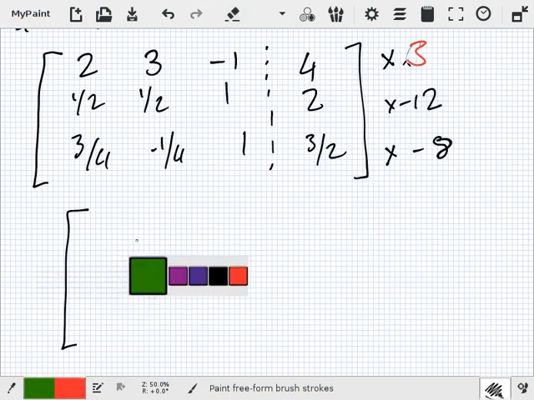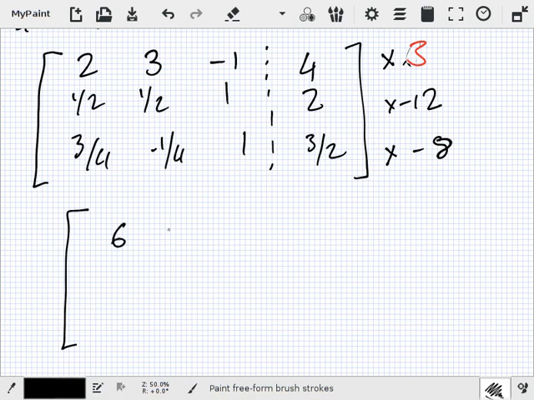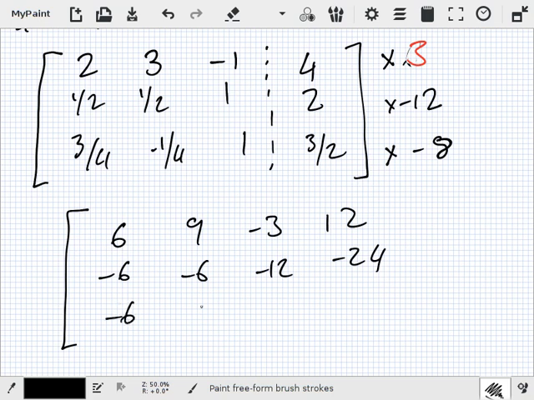So I'm trying to get 6s. 6, 9, minus 3, 12. Minus 6, minus 6, minus 12, minus 24. Minus 6, 2, minus 8, 12, minus 12.